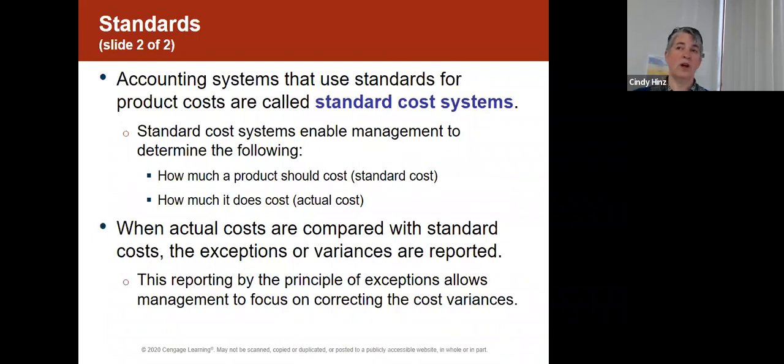Most manufacturing companies of any size are going to use a standard cost system, which means that they report their costs as what they should have been paying or should have been incurring based on those standards. And then at the end of the period, they do an exception report. So they say, here's what the standard said, here's what actually happened. We're going to make an entry for that difference, that variance.